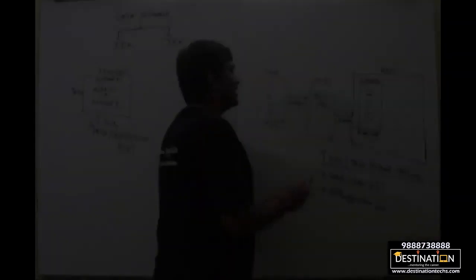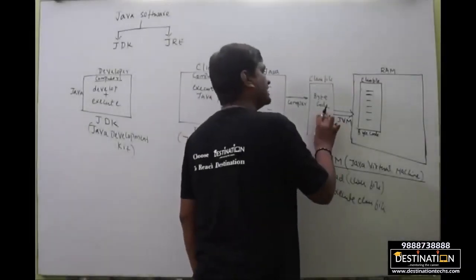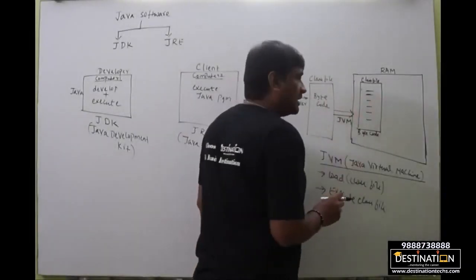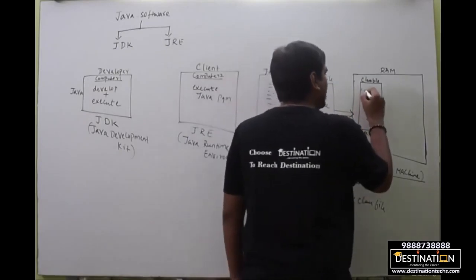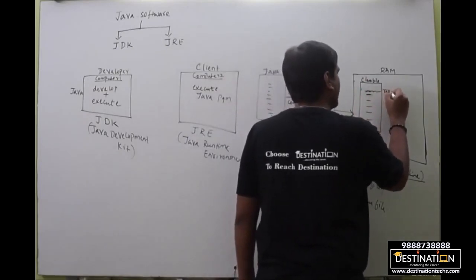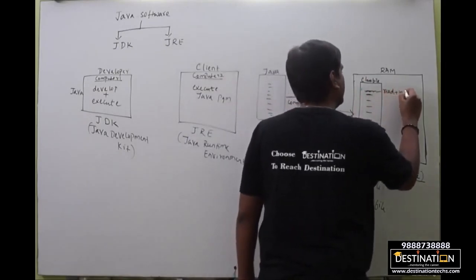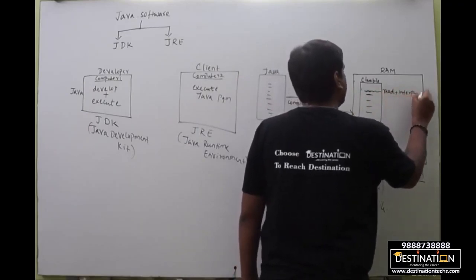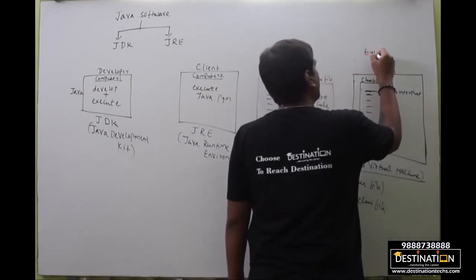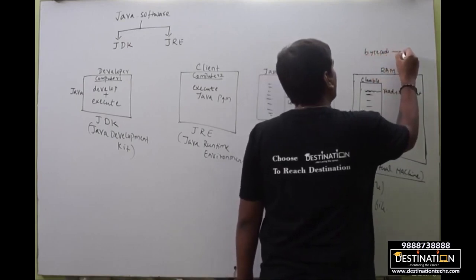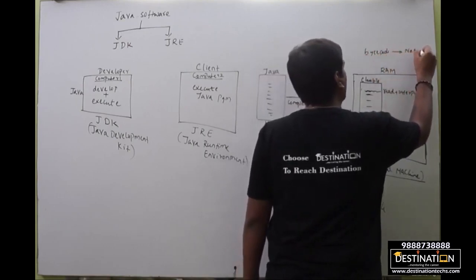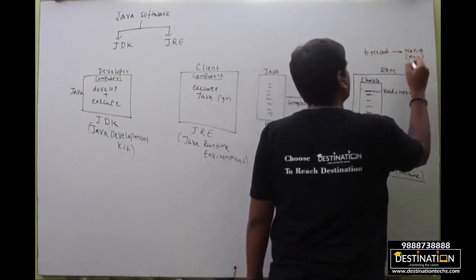Pay attention. After the class file is loaded onto the RAM, JVM will read the first line of the bytecode, then it will interpret. Interpret means converting the bytecode to native code or machine level language code.